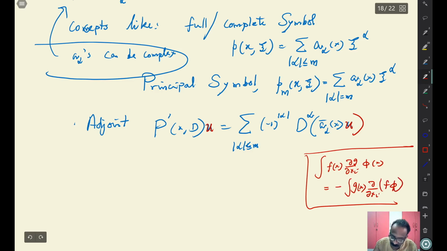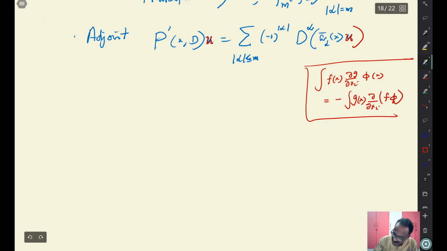You see, that's why. So you write down your P(x, D), and everything is given in this general setup, and you are looking for a solution. You can study these things in other advanced PDE courses. If you look into many classical PDE books, you will understand all these things.